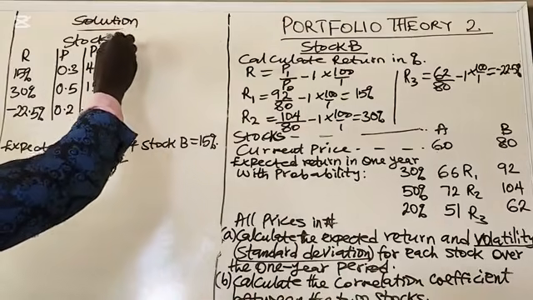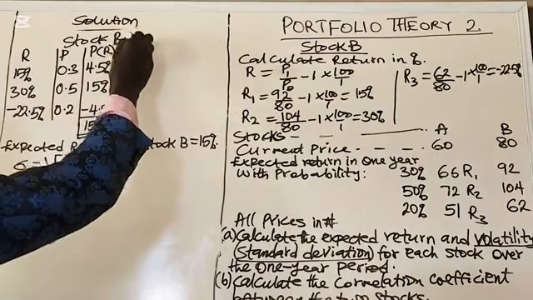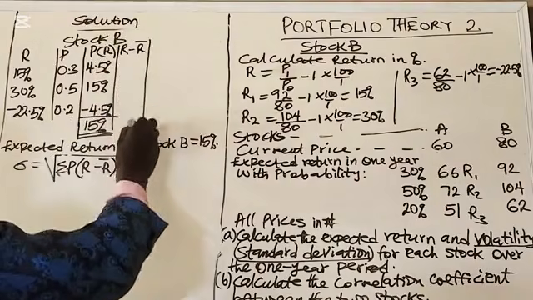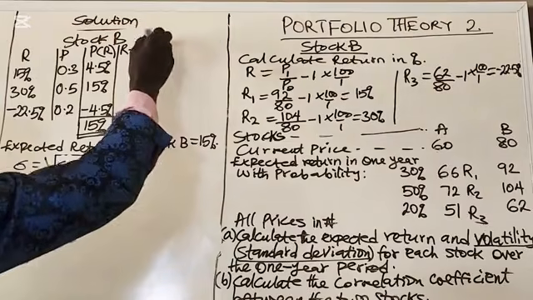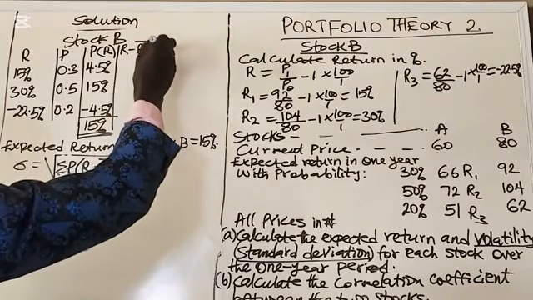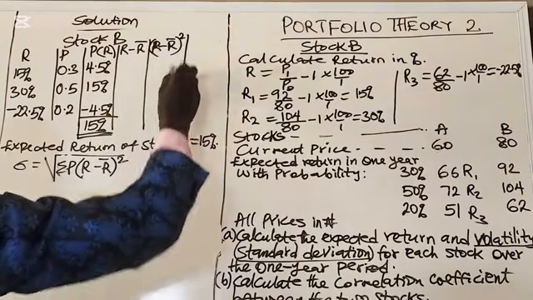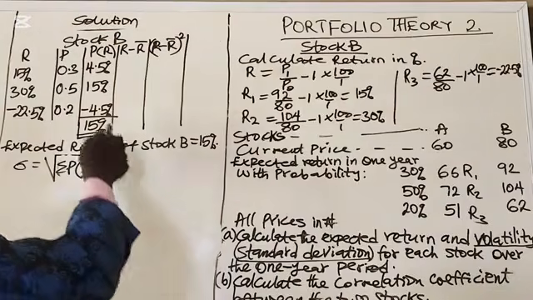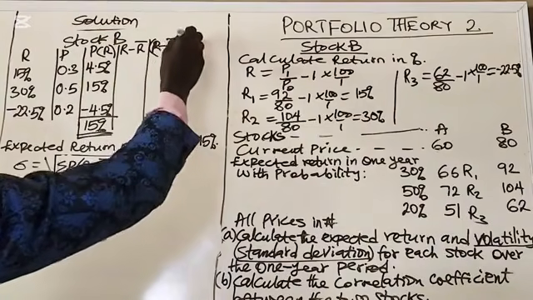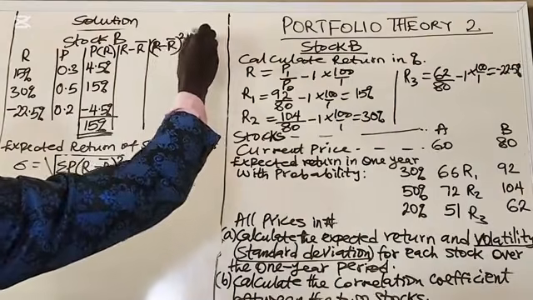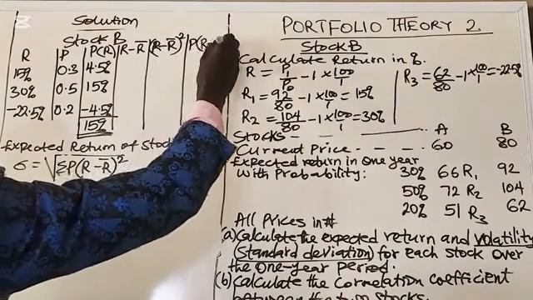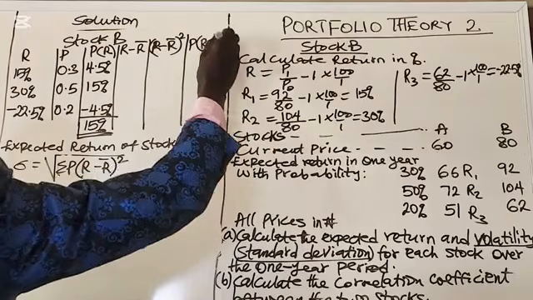So we need R minus R bar, then the square of it, then we multiply by the probability.